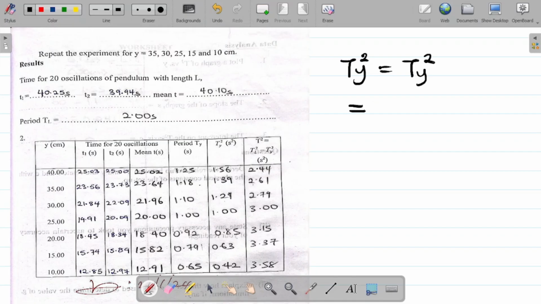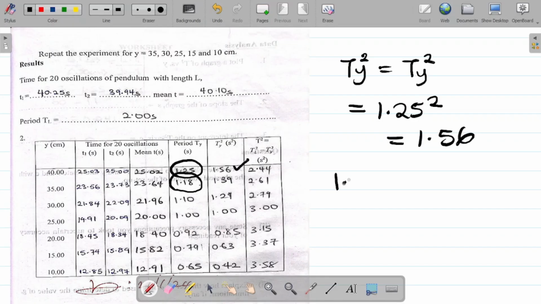The first thing I have here is this one here, that's 1.25. I'm going to square this, and you have about 1.56 as your answer. That's how I got this one here. Same thing for the second one here. I have 1.18. So square that value, and you have 1.39.